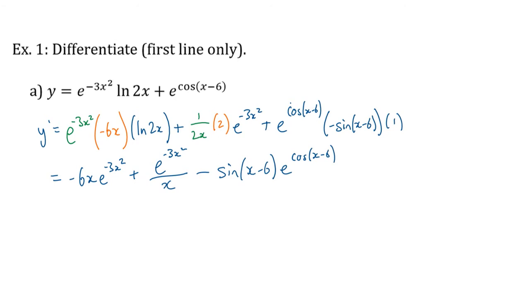But none of that was really all that important, except for, I suppose, those 2's was the only monomial cleanup that we had to do. You wouldn't deal with this as a negative exponent. You wouldn't worry about that. Remember, now, because we had this part, the e to the cos x minus 6 part, it wouldn't be quite the same.